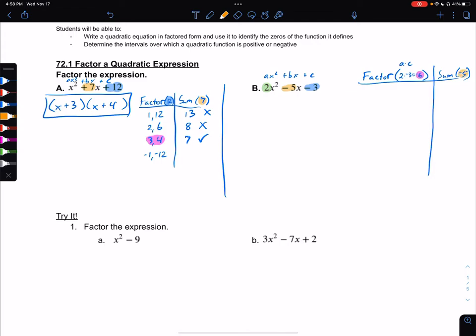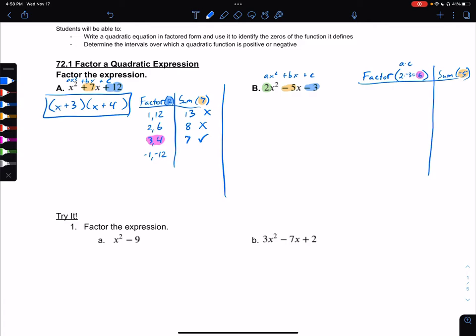That doesn't change. Again, the major difference here is that we're no longer just looking for a factor of c. We're looking for AC, a times c. So in this case, -6. So I would list my factors of 6. Since there's a negative here, we're going to have a whole series of factors, and I recommend that you write all of the possible combinations you can.